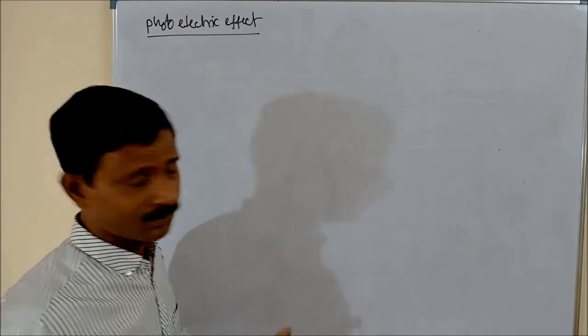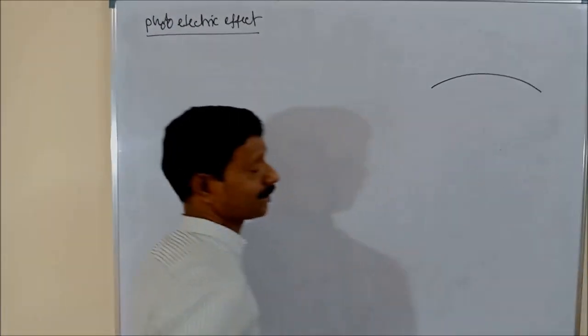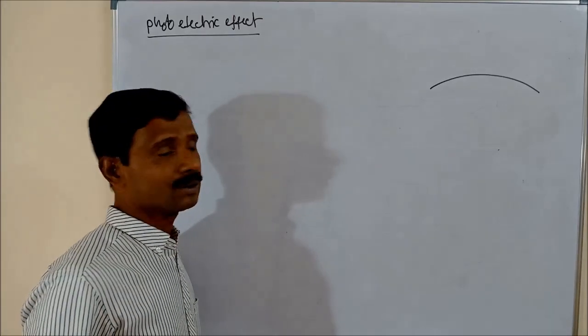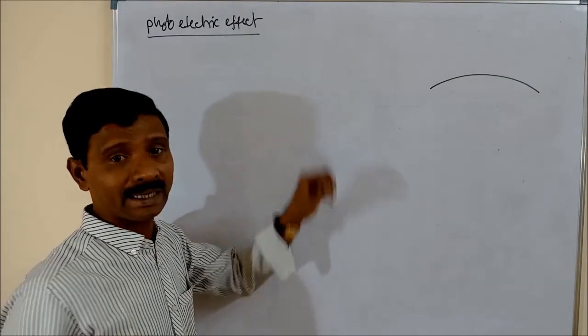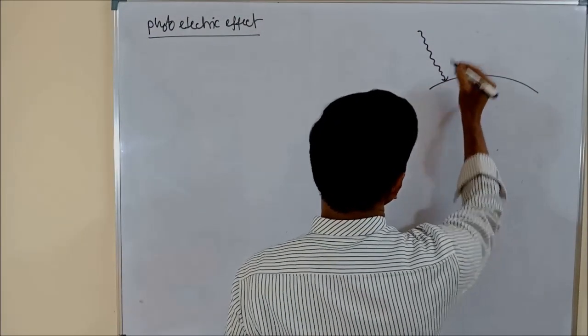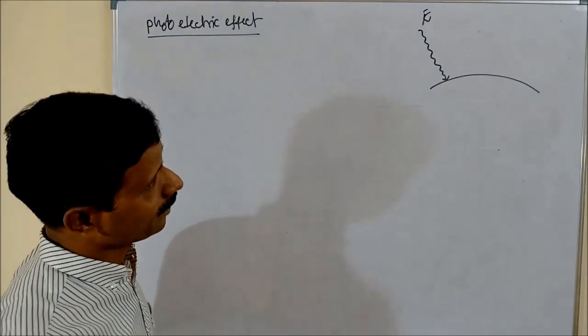Now imagine you observe a metal surface like this. Imagine this is the metal surface, and as you know, metals have very low ionization energy. So if there is an incident light, say for example this is an incident light whose energy is E, what happens?